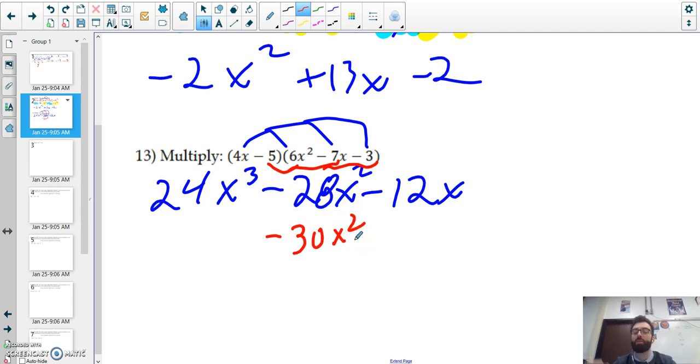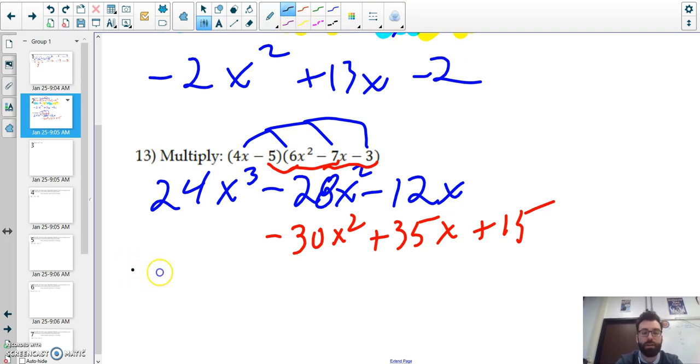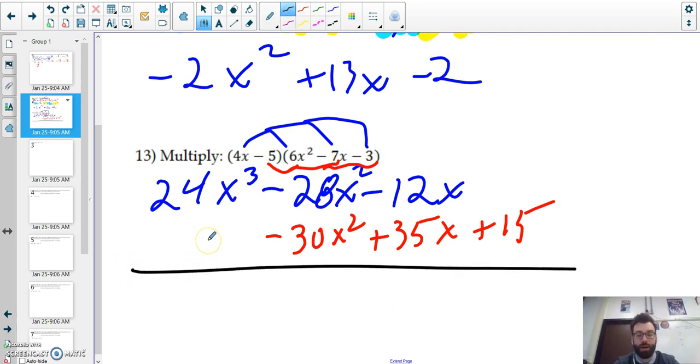Because when I combine my like terms, it's like I'm adding straight down. Negative 5 times negative 7 gives me positive 35x. Negative 5 times negative 3 gives me plus 15. Now, you don't have to do this. I also didn't have much space over here. So that's like an addition bar. There's nothing underneath here. That's 24.